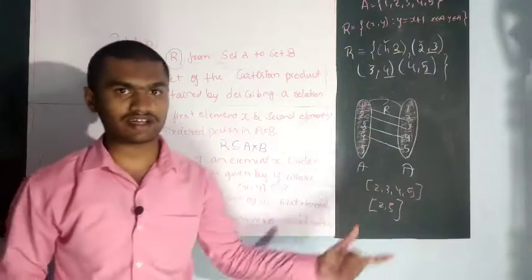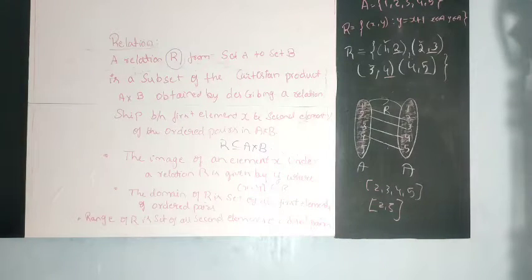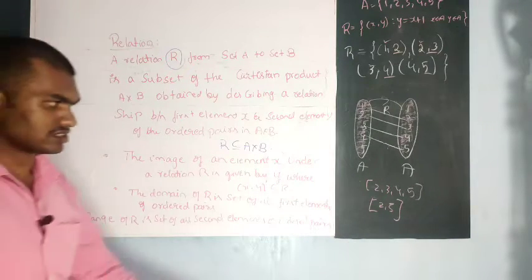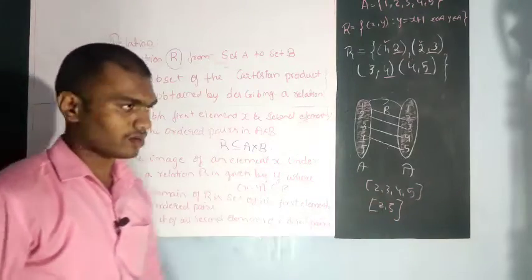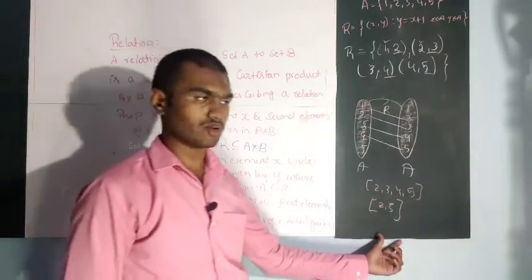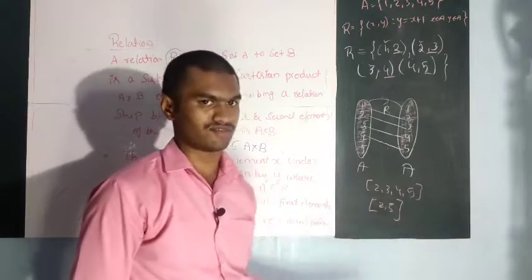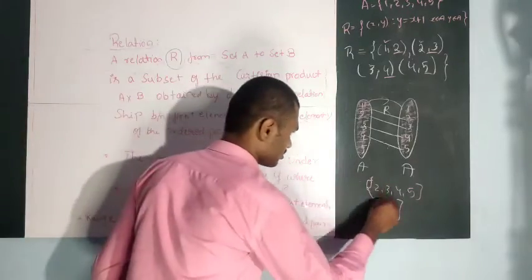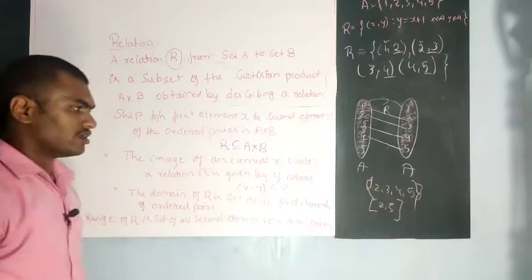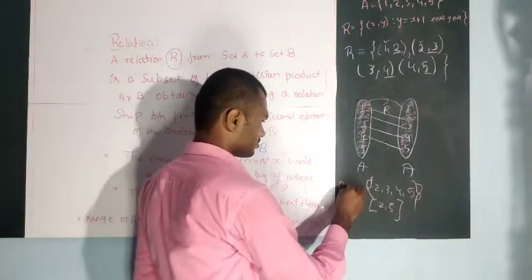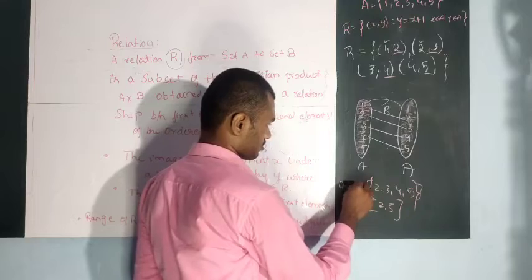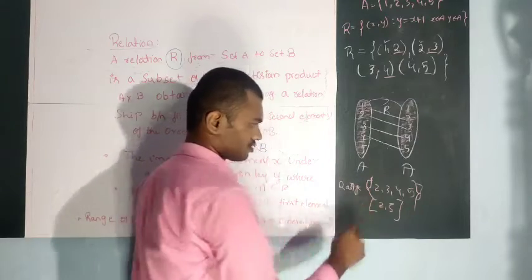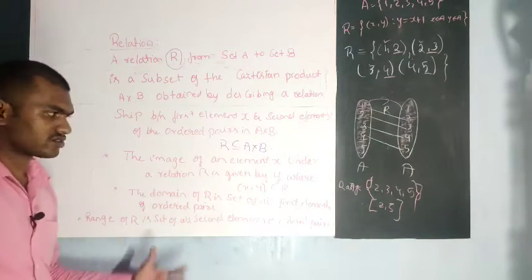So that is not a second element. This is the range, 2 to 5, that is 2, 3, 4, 5. That is the range. I think you have understood the concept.